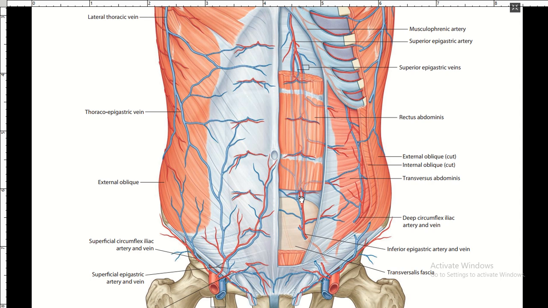These regions are given a special name, the Hesselbach's or Hager's vascular zones. They are very important to take note of, especially when you are making an incision, so that you prevent vascular necrosis in the abdomen. So let's take a look at another diagram and then we'll come back to this one.